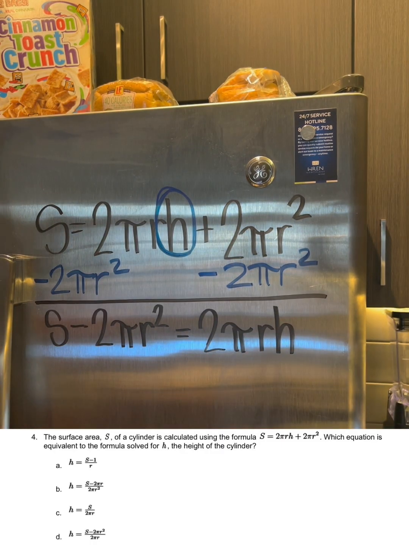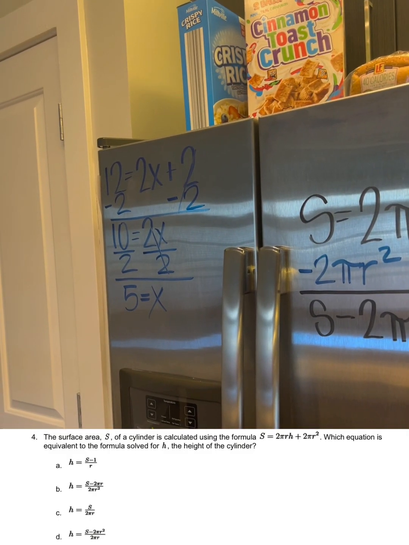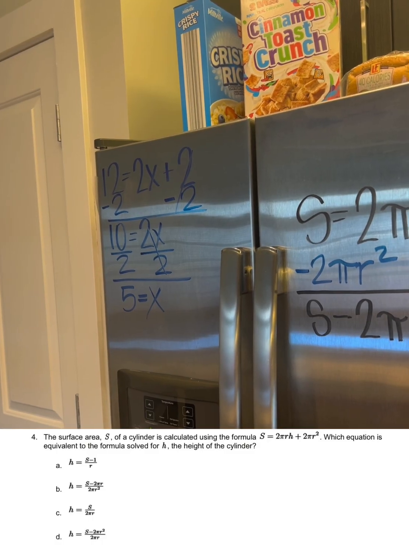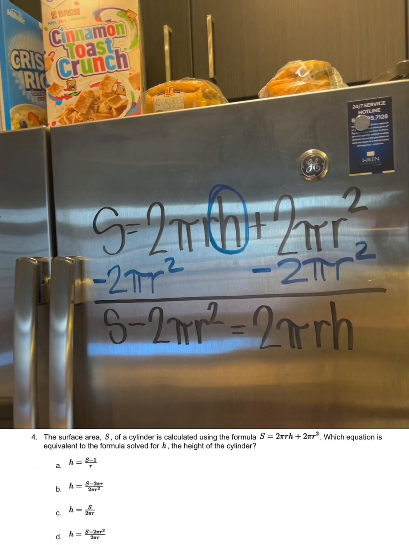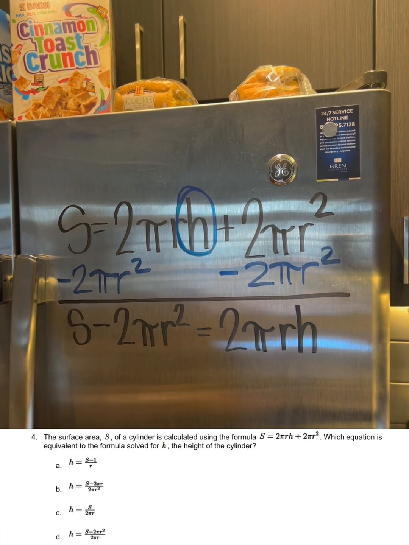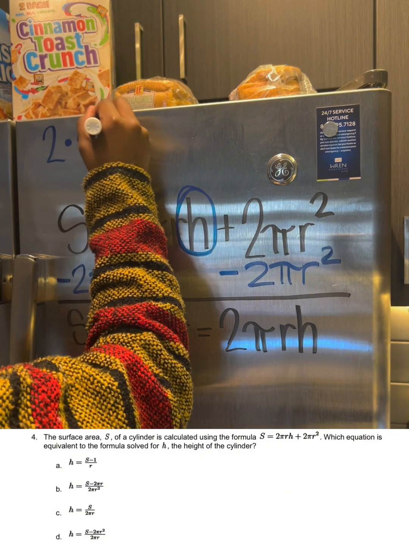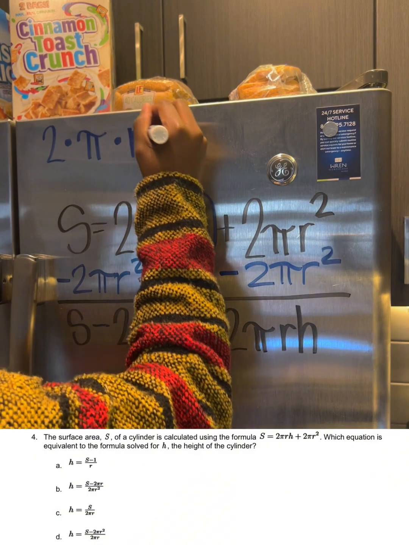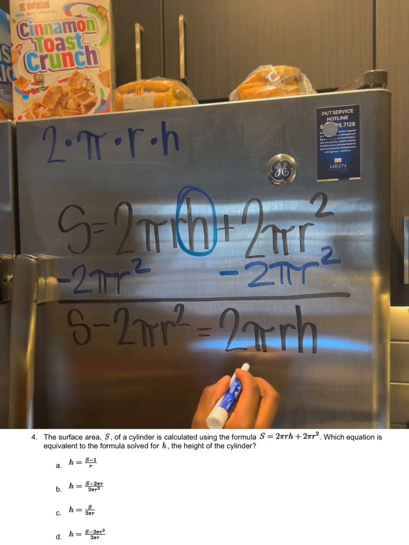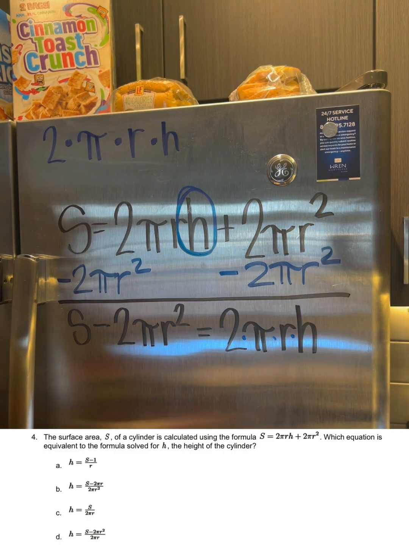Okay? Now when we got to that step over here, what did we do? We divided by 2 to get rid of it so we can get x by itself. X was our variable. Our variable is h. 2 pi RH is just saying 2 times pi times r times h. All of these are multiplying. Multiply, multiply, multiply. In order to get rid of a multiply, we gotta divide.